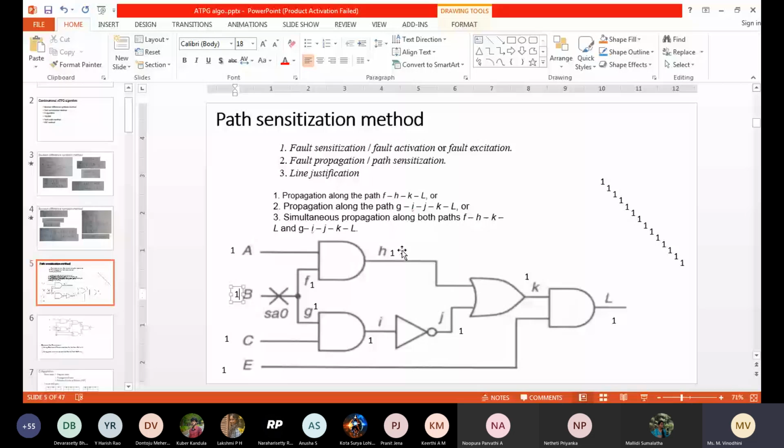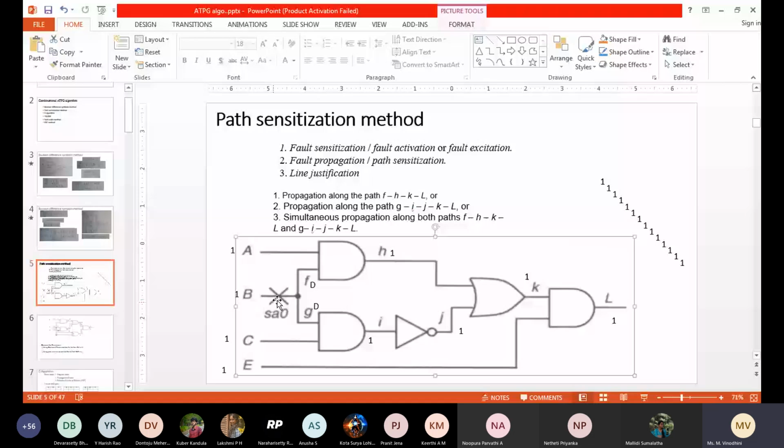Through which path? The considered path is FHKL. Through this path, I need to take the fault. Now at this particular node, what will be my fault? 1 is now stuck at 0. 1/0 we will represent as D or D bar as per D calculus. 1/0 we will represent as D. So G also will have D, because the fault is at the stem.